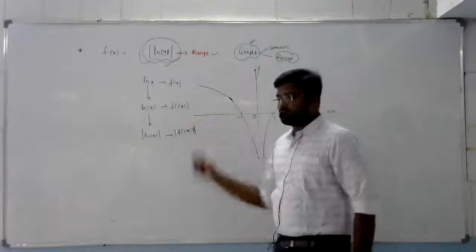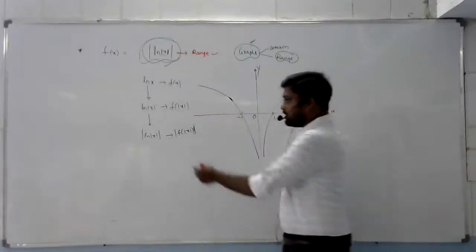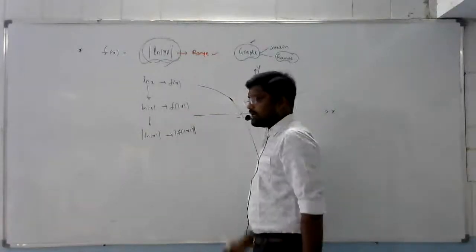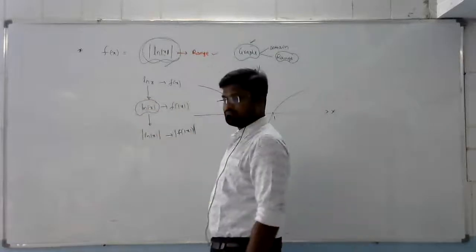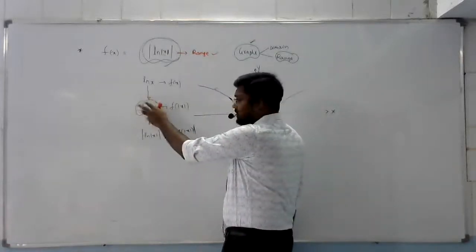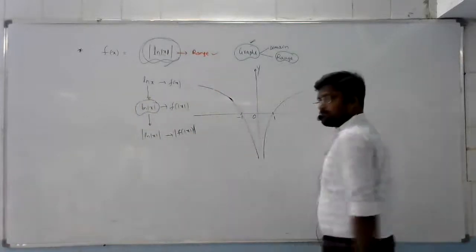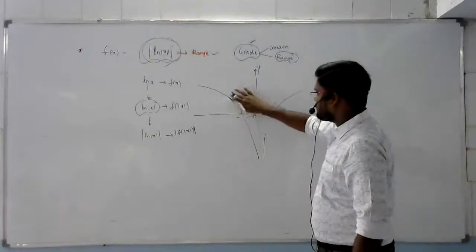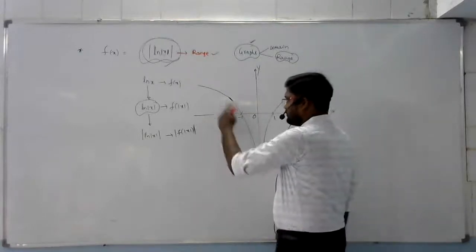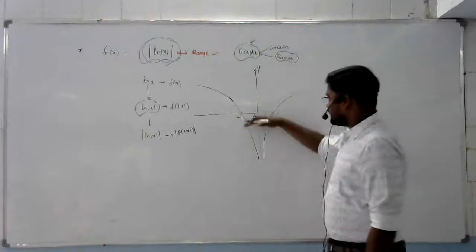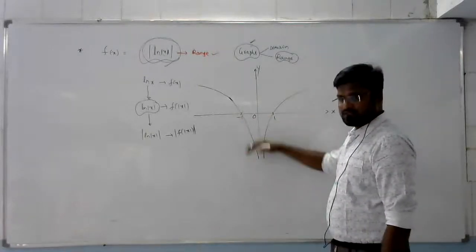Now after getting ln mod x, what should I do? I should draw the modulus of this one. Now assume this one as f of x. This is one function, and the graph of this function is this one. If you know the graph of the function, how do you find the modulus? I told you: the negative y-axis region.